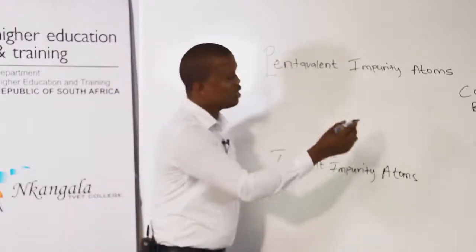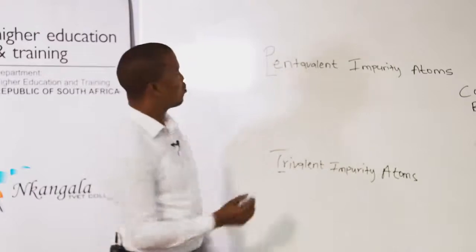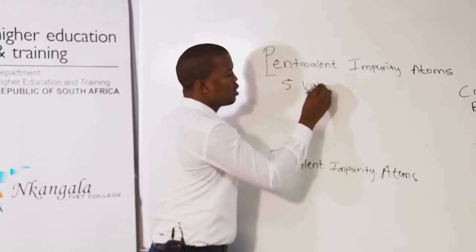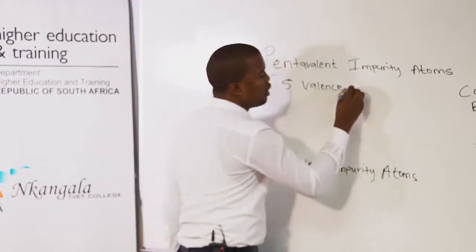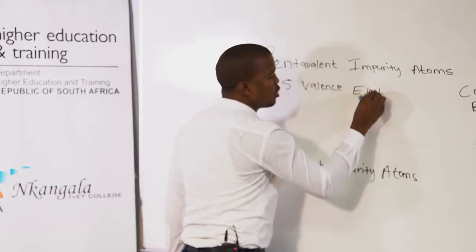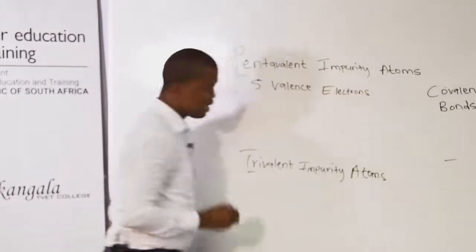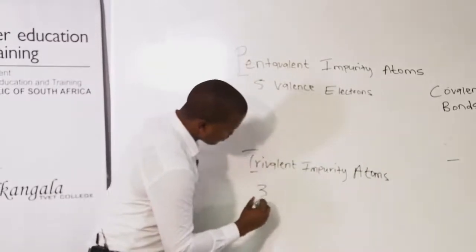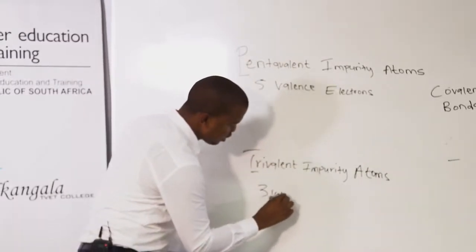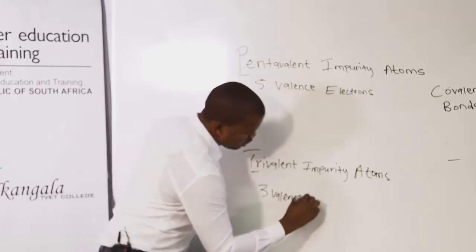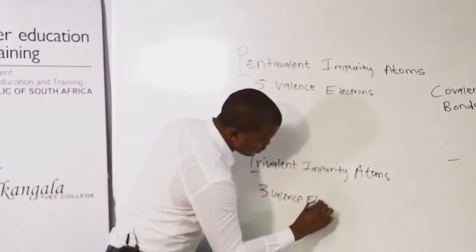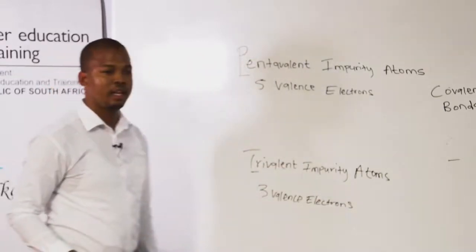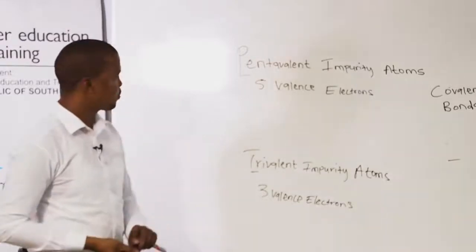Pentavalent impurity atoms are atoms with 5 valence electrons. Trivalent are impurities with 3 valence electrons. I hope you are able to see clearly there at home and you are taking down notes.